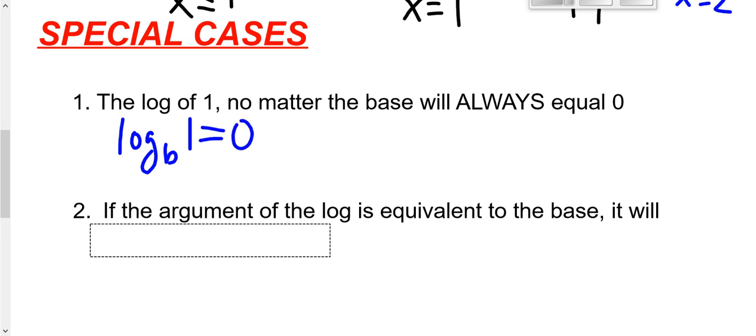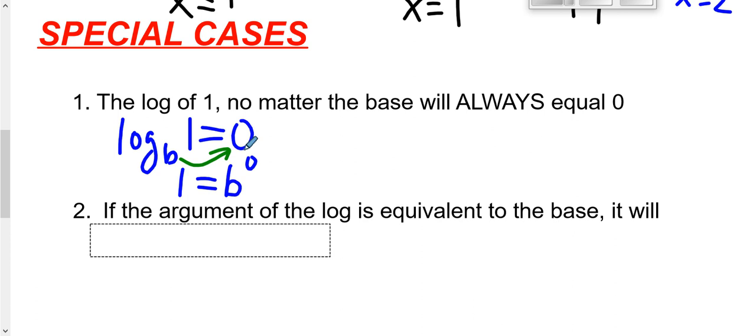Why? If you use the same trick that I have been showing you guys, move the base, it becomes 1 is b raised to the power of 0, because when the exponent is 0 for any number, it's always equal to 1.